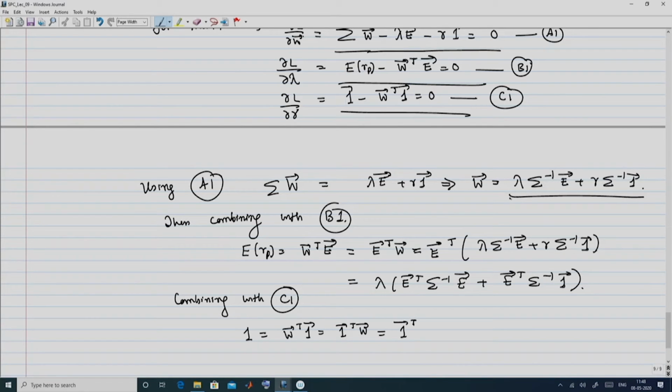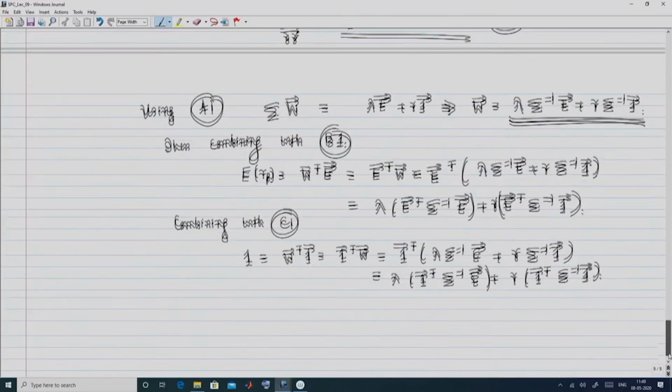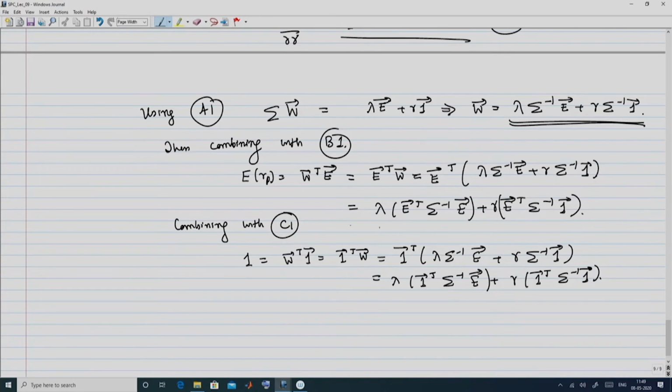Again I will make use of this expression for W. This is lambda sigma inverse E plus gamma sigma inverse 1, which is lambda into 1 transpose sigma inverse E plus gamma. So, there should be actually a gamma here. So, please make this correction, plus gamma into 1 transpose sigma inverse of 1. All right. So, we have these two expressions.